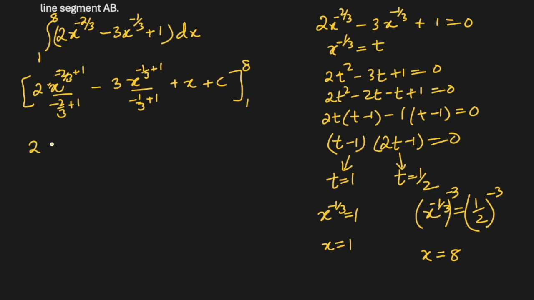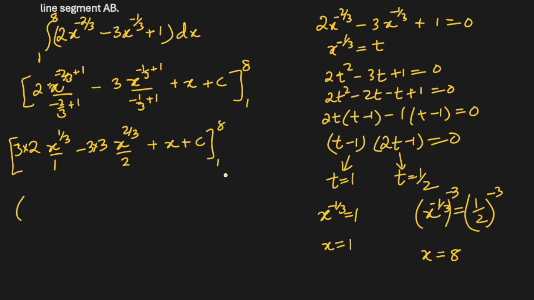So 2 remains 2, x to the power positive 1/3 divided by 1/3, and I will write 3 at the numerator, minus 3x to the power 2/3 divided by 2, and I will multiply here by 3, plus x plus c from 1 to 8.